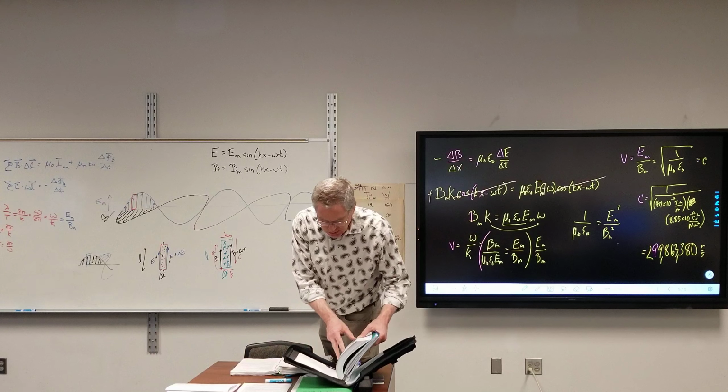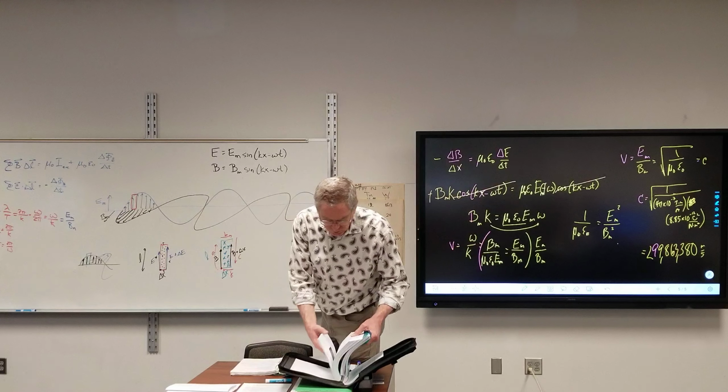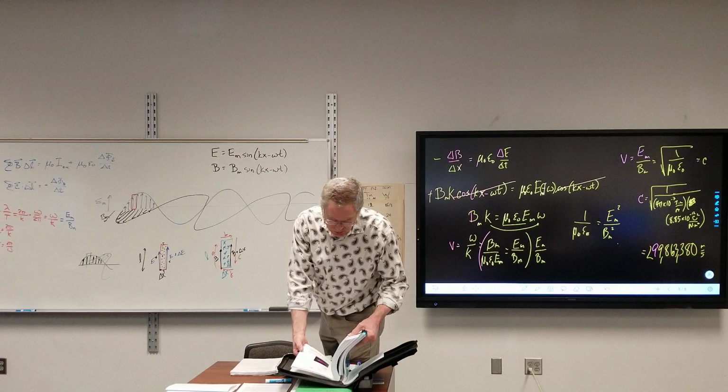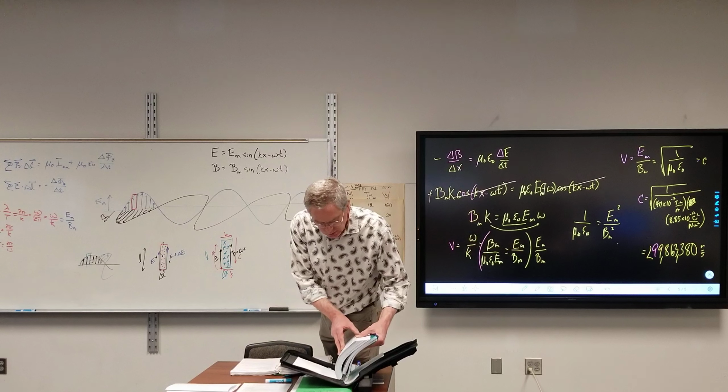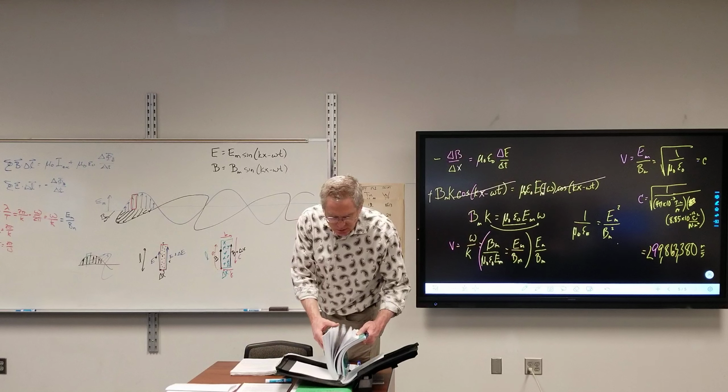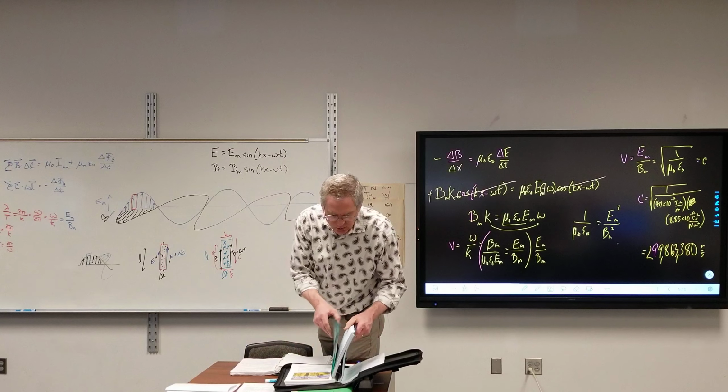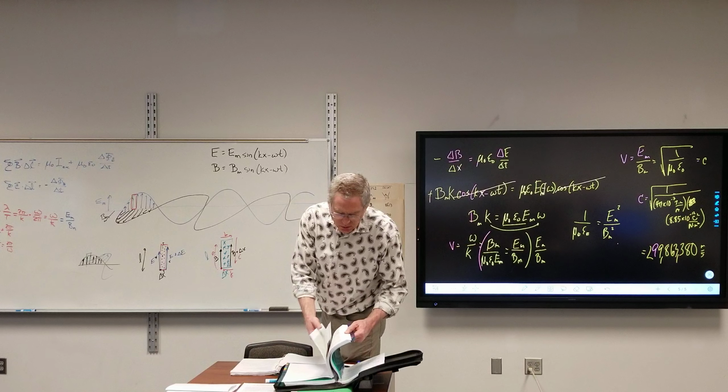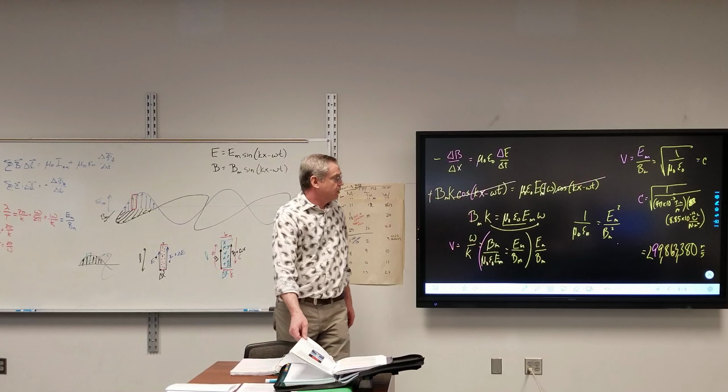So, the square root of 1 over mu sub naught, epsilon sub naught, all of that over meters is also a second. Or no? Wait.